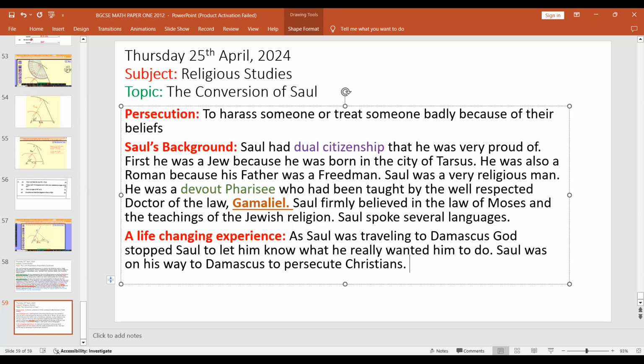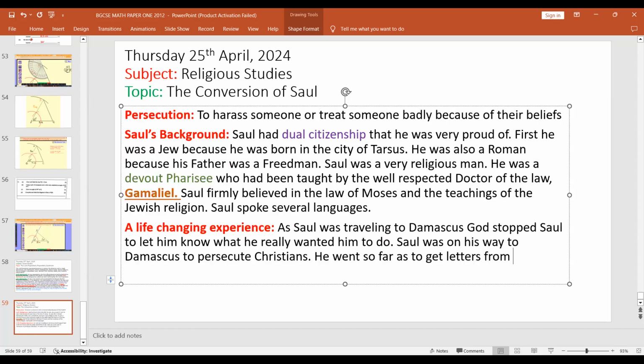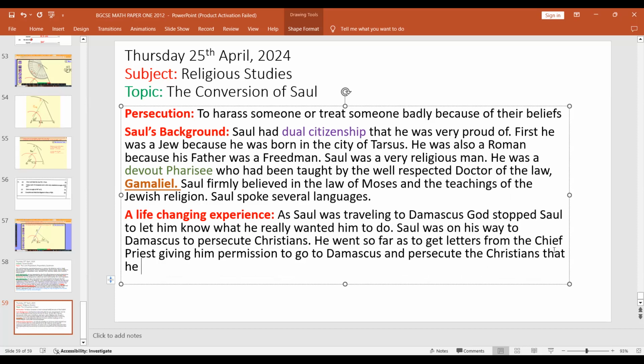Now, he went so far as to get letters from the chief priests, giving him permission to go to Damascus and persecute the Christians that he found.